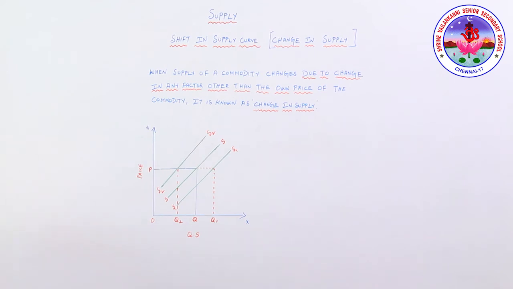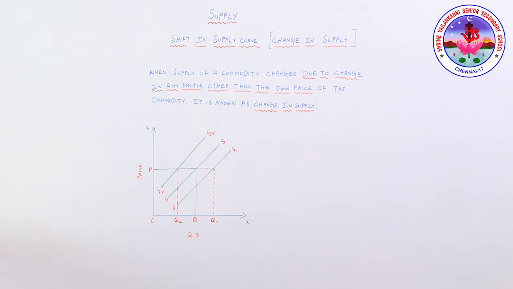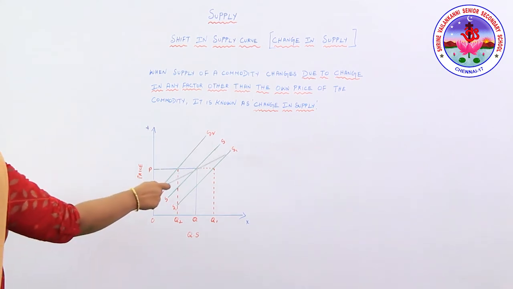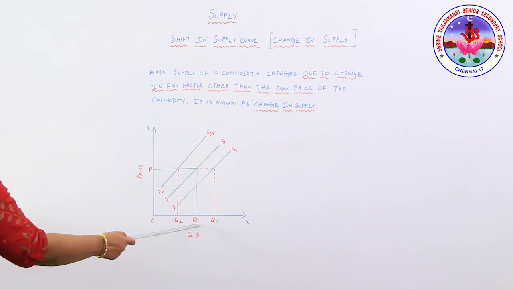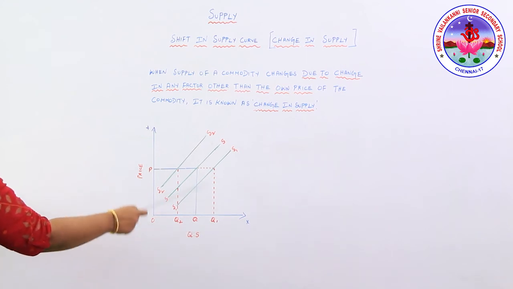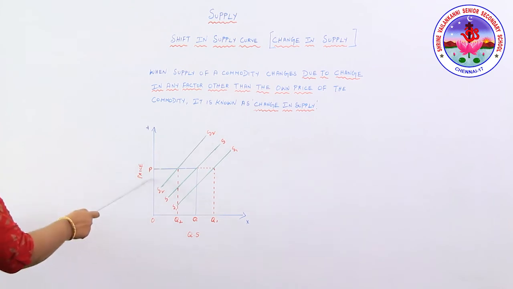Now let's see what the rightward shift is. When supply rises from OQ to OQ1, it is known as increase in supply at the same price of OP.